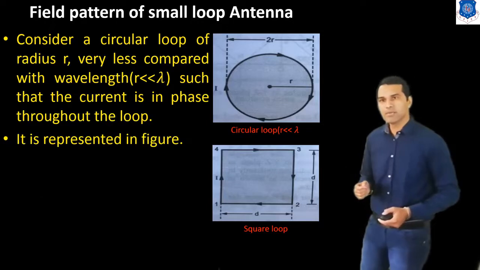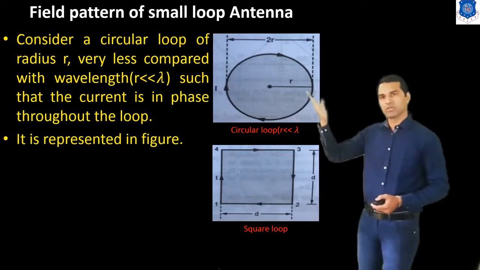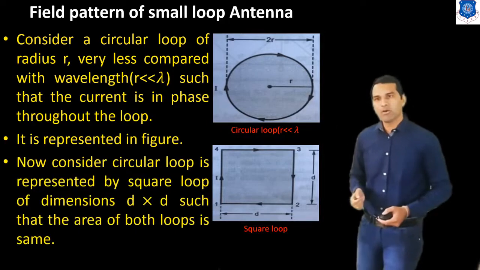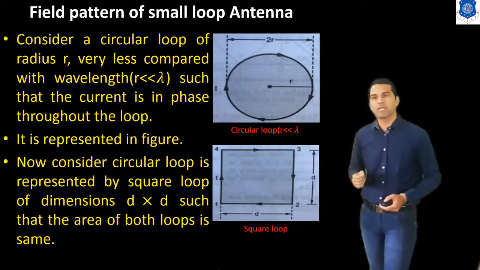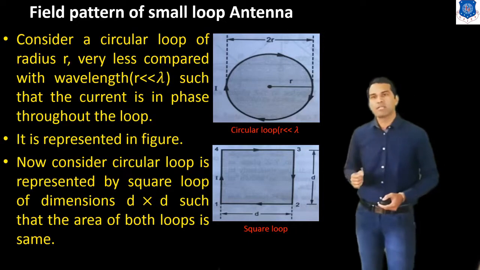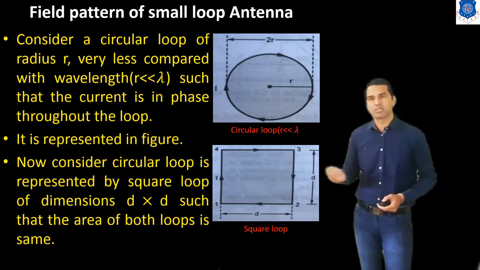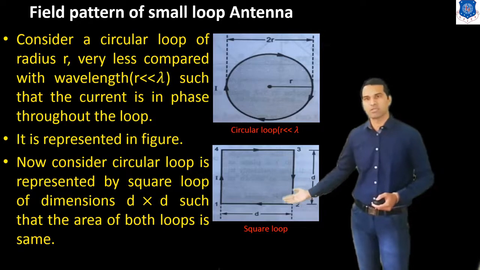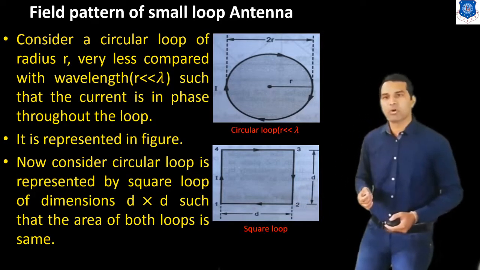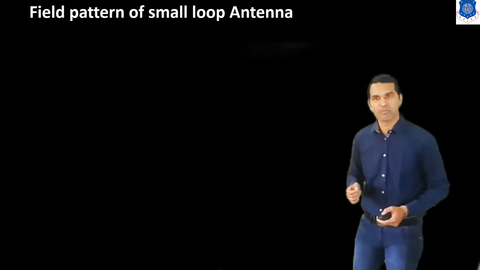It is represented in this figure. So here we can see this is a circular loop. Now consider the circular loop is represented by a square loop of dimension d cross d. That means the side dimension is d and this is also d, the square loop, such that the area of both loops is the same.